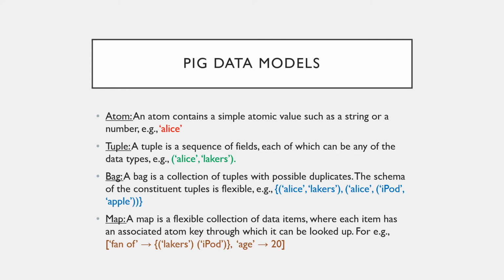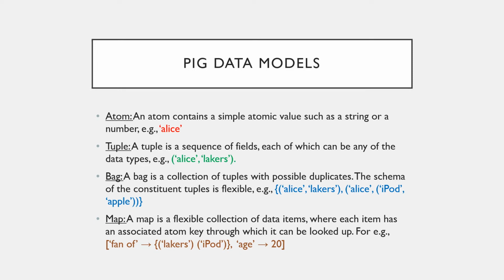That means it is an atom data model, so that you can easily look up various items. And then you can have the value which can be a dictionary, that is a bag, or you can have tuples or atoms, whatever you like. And here highlighted in brown is a map like fan of Lakers, iPod and age 20.